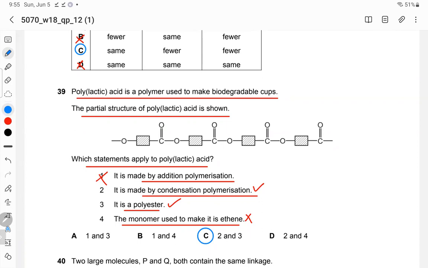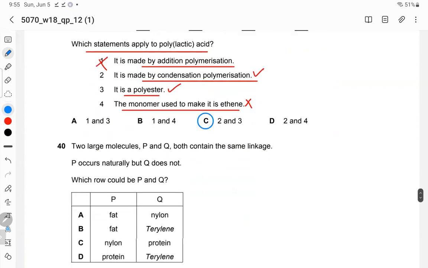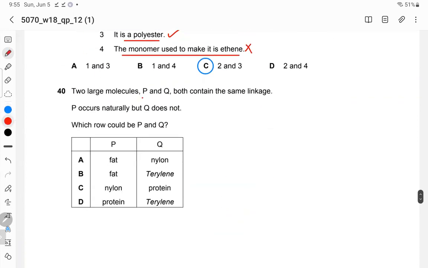Two large molecules P and Q both contain the same linkages. P occurs naturally and Q does not. Which could be P and Q? P occurs naturally, so nylon cannot be P, so D goes wrong. Q is mentioned as not natural, so A goes wrong.